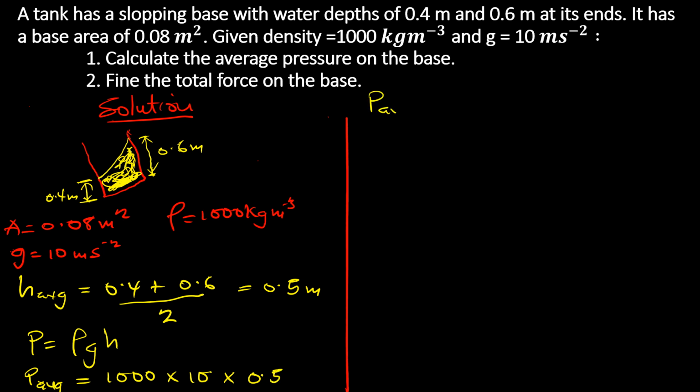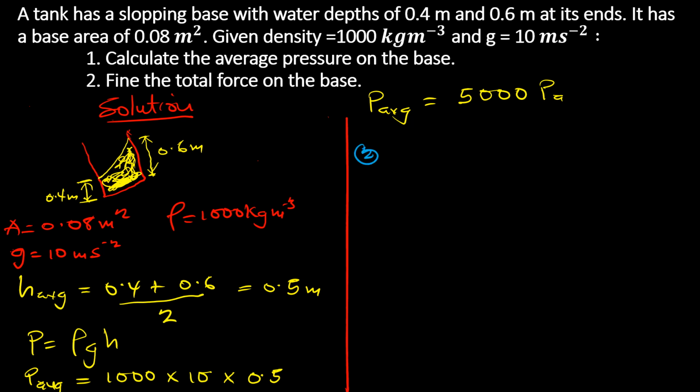So by using calculator, 1000 times 10 times 0.5 gives us 5000 Pascal.